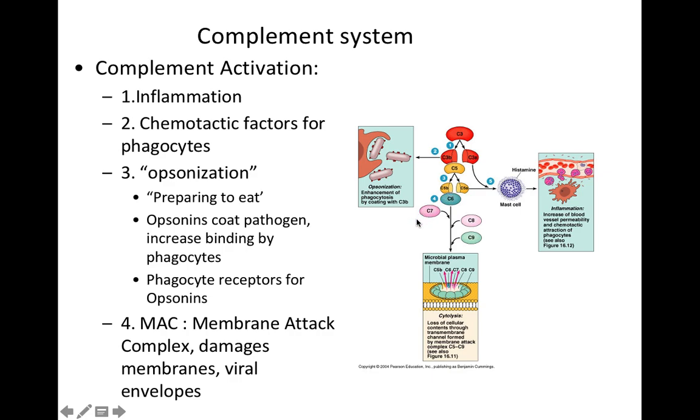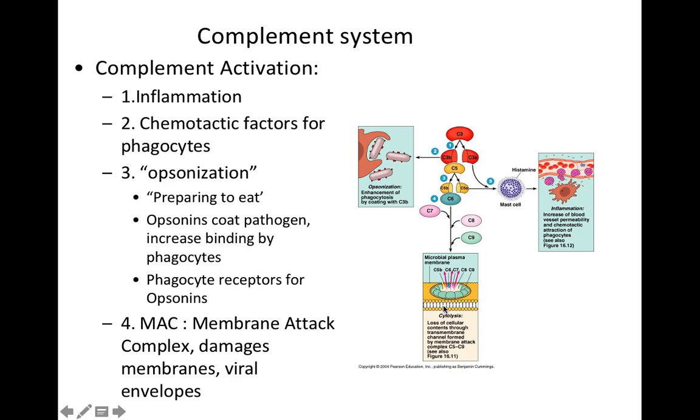So the remaining complement components in the terminal pathway, when they're activated, can insert into lipid bilayers. They could insert into cell membranes of any cellular organism, causing these membrane attack complexes, these pores, right? They can insert into the outer membrane of gram-negative bacteria, and into viral envelopes.